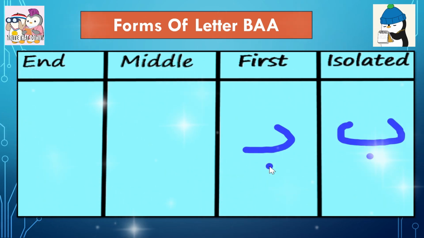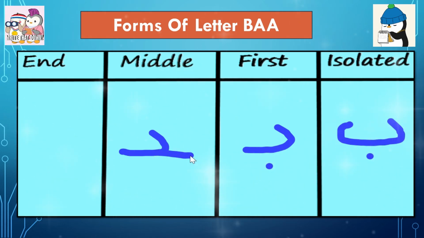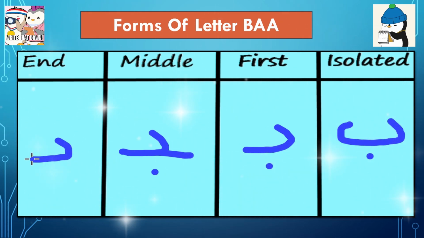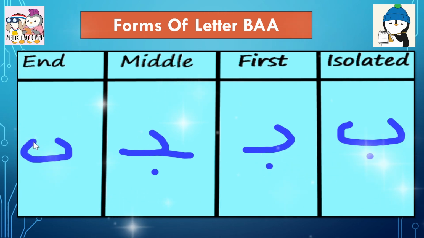For its middle form, we draw a curve and a horizontal line and a dot. For its end form, we draw a curve, a horizontal line, another curve, a dot, and a horizontal line.